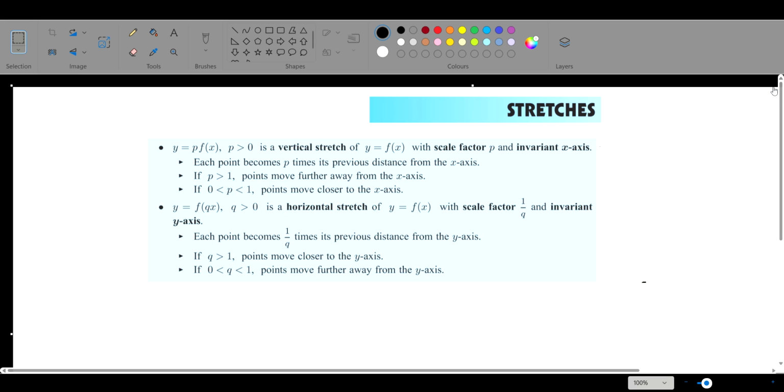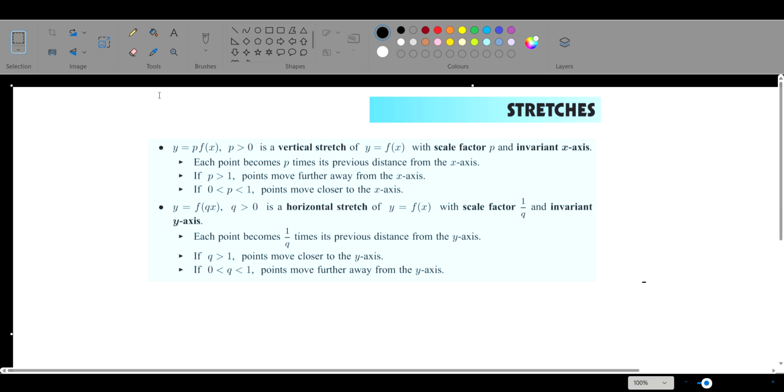Alright, so now I'm going to show you this through Desmos. Let me share my screen for Desmos. Here we are. Is it visible? Okay. So my original function is y is equal to x square.